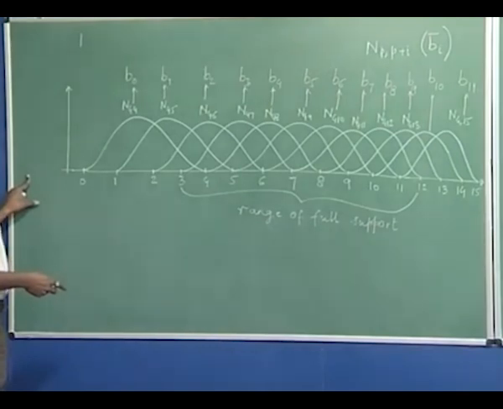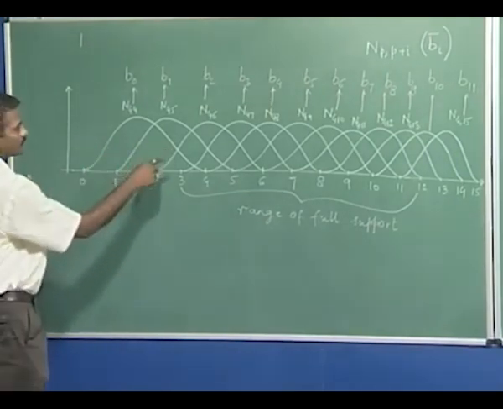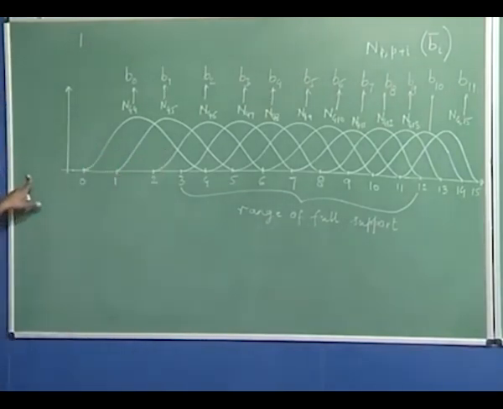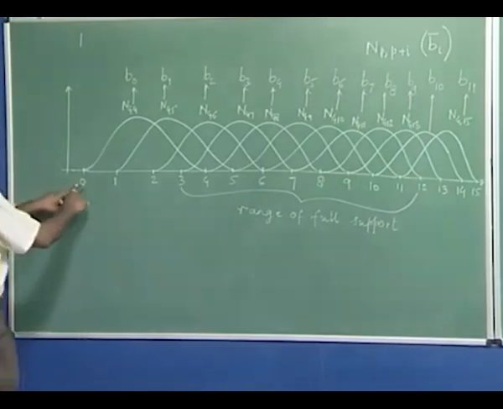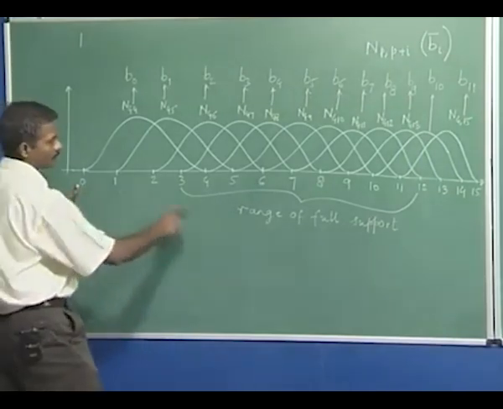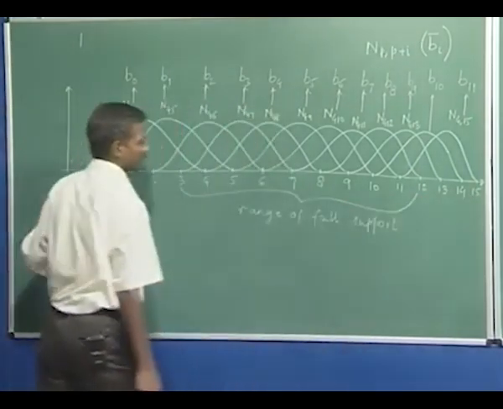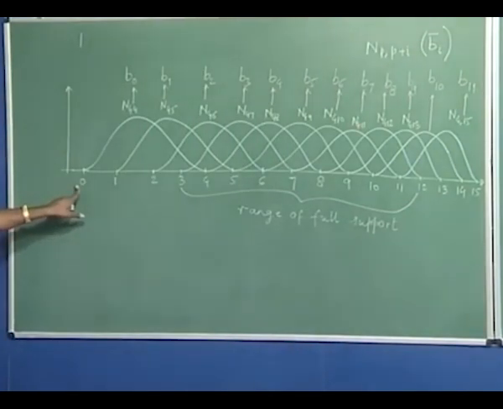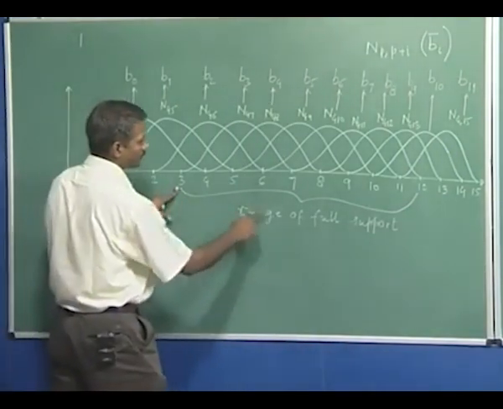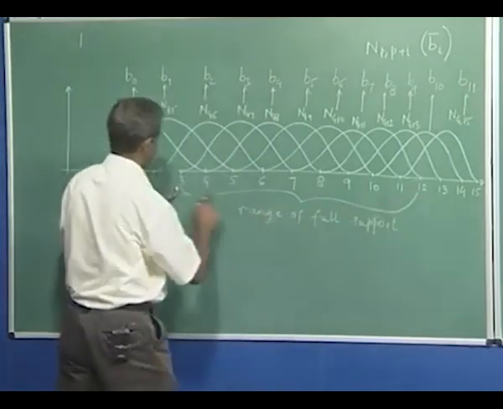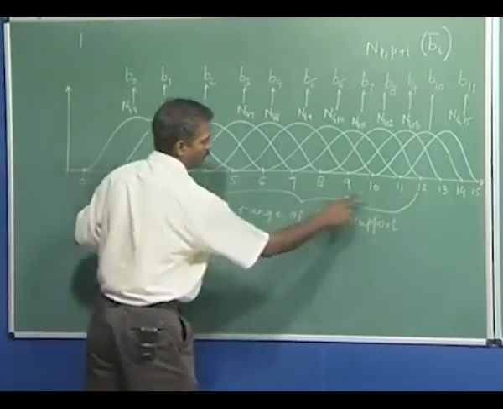While you were busy sketching your B-spline basis functions, I was sketching mine. So this is the knot span, T0 up till T15. Uniform knot span with all simple knots at this time. This is the range of full support from 3 to 12.